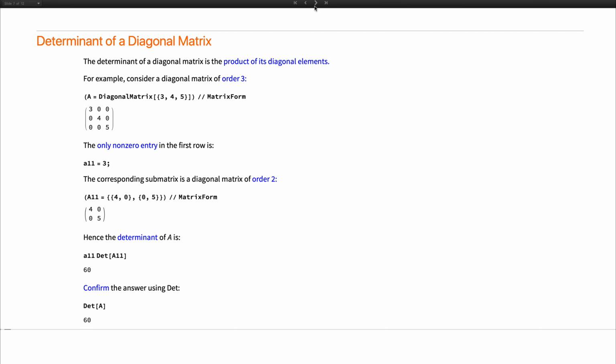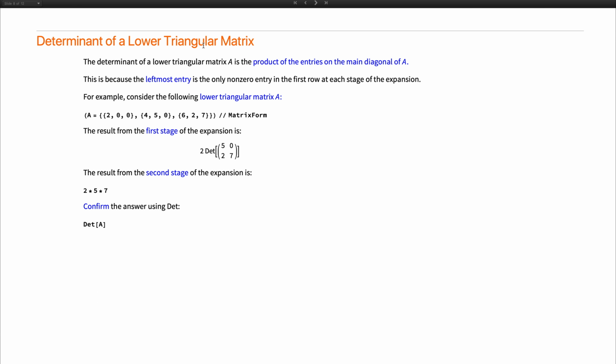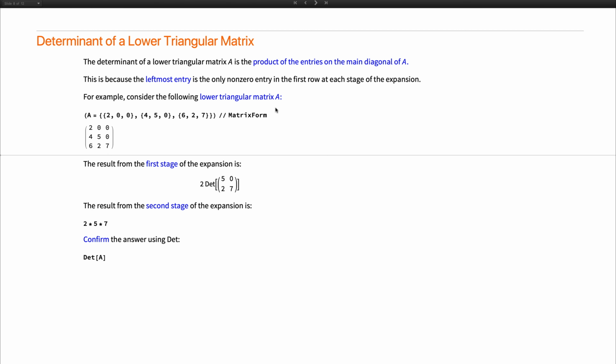And as another simple case, let's talk about a lower triangular matrix. So once again, in this case, we'll find that for a lower triangular matrix, the determinant is going to be the product of the entries on the main diagonal. And that's because when you try and expand out, it's only the leftmost entry at every stage which is non-zero. So for example, here is a lower triangular matrix.